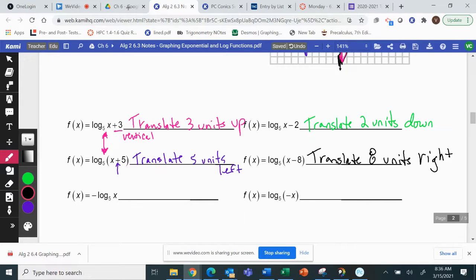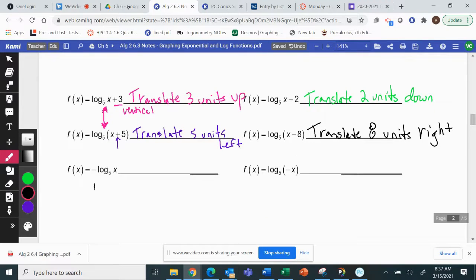All right, and then we're to the reflections. We have to know which one is vertical and which one is horizontal. Sophie, when there's a negative in front of it, do you think it's vertical or horizontal? That is vertical. And vertical is a reflection in the... So if I'm reflecting vertically, Sophie, which axis is that?